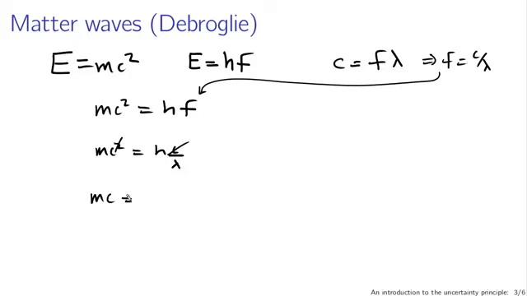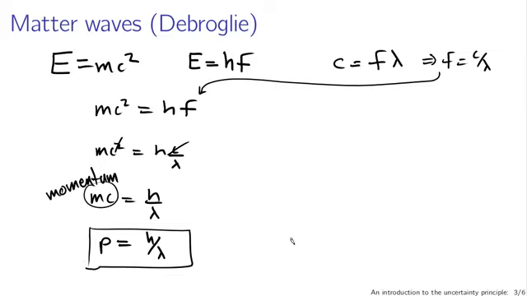Now what de Broglie said was this is like momentum. So I'm going to write this equation as p equals h over lambda. And then I'm going to wave my hands extraordinarily vigorously and say, while this equation is only true for light, and this equation is only true for waves, this is also true for matter.